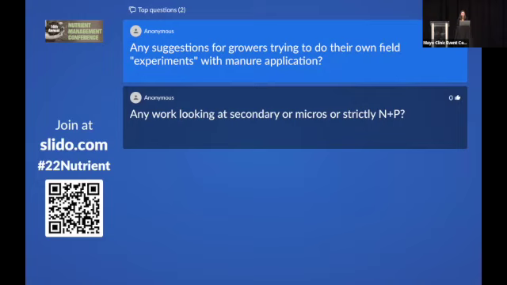For instance, if you wanted to apply different manure rates or use different equipment for injecting, you could flip a coin, deciding if you're going to do the one treatment or the other treatment across that field. That can help you do some randomization so that you're not picking the bad or the good parts with your own bias without thinking about it. And then it can give you some good ways to compare things.